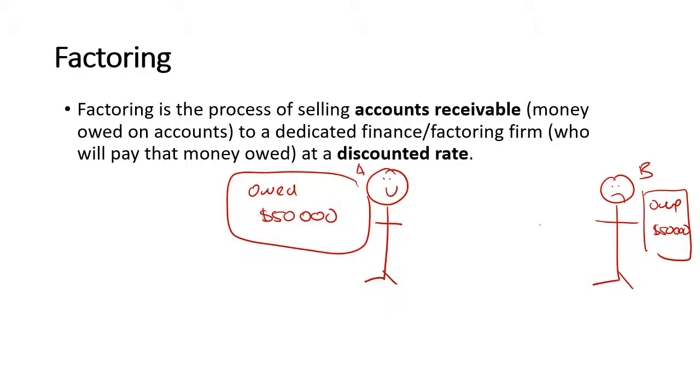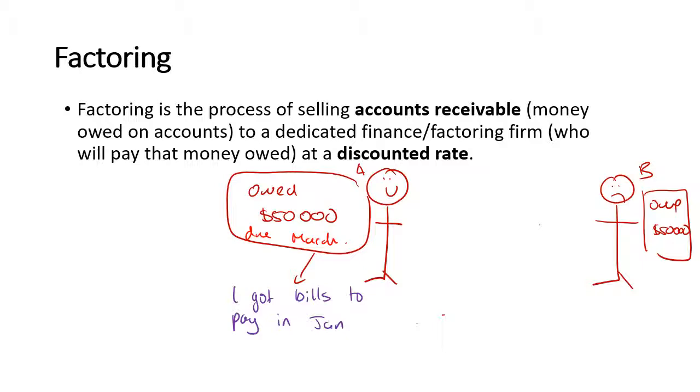Now, person A, I've got bills to pay. So let's say person A has bills to pay in January, but that owed 50,000 is due in March. So there's an issue here.